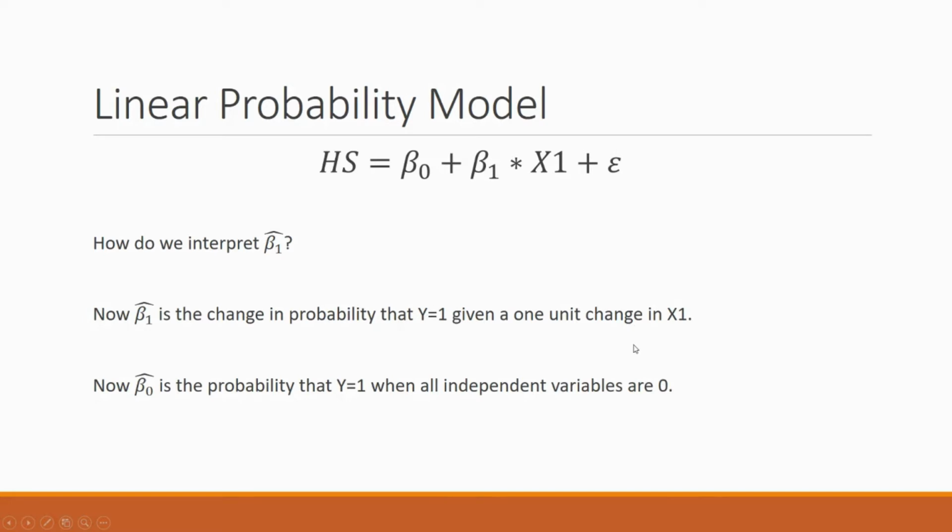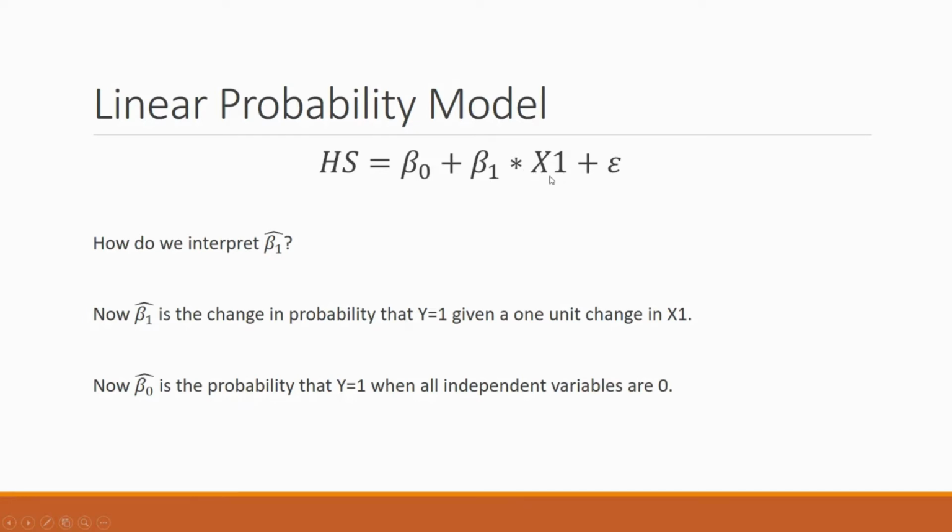What beta 1 hat is, it's the change in the probability that someone will have y equals 1, or hs equals 1. It's the change in the probability that someone will have a high school degree given a unit change in x. So if we keep thinking about this, let's say x1 is their grades.